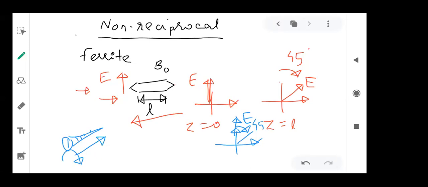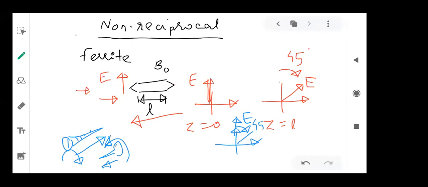The same is true if the same screw is moving towards the left-hand side. A person standing on the other side, on the right-hand side and looking towards the left-hand side, will once again find that the screw is rotating in the clockwise direction. So this behavior you can say is reciprocal.